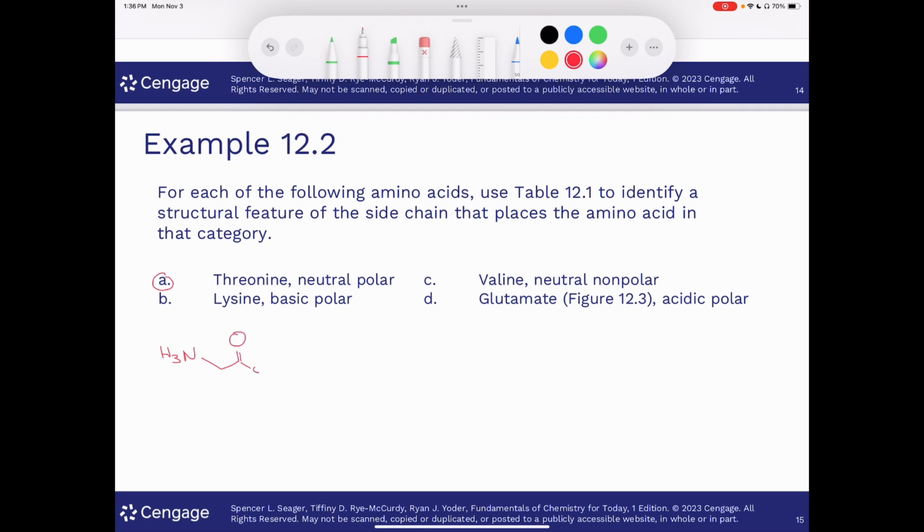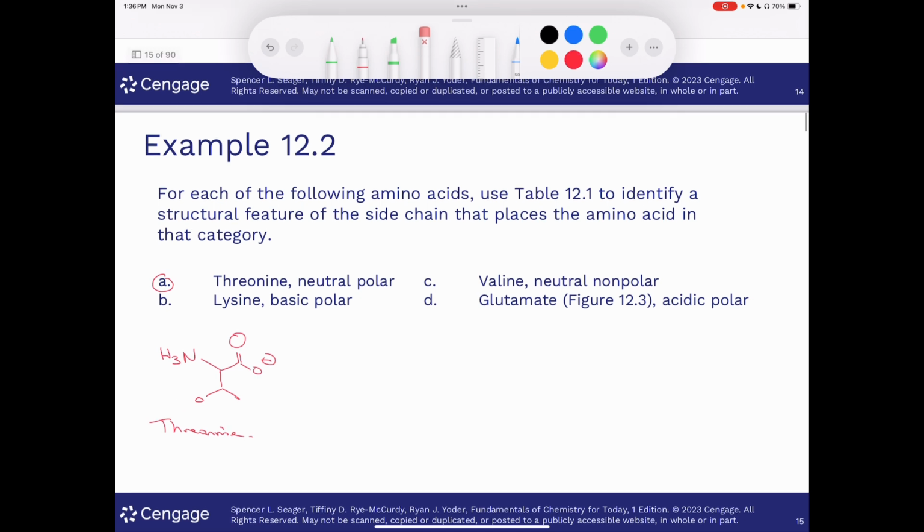So for our threonine, we have something that looks like this. This would be our threonine. And so why would this be neutral and polar? Well, first of all, the R group, the side chain, is neutral, but it also has an OH bond in it, which is capable of hydrogen bonding, which renders it polar.